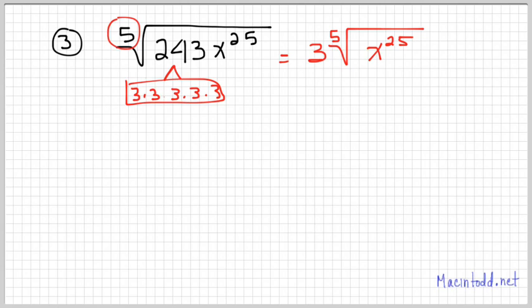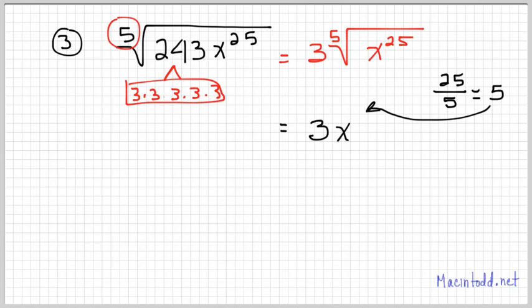And the rule for dealing with variables is take the exponent, 25, divide it by the index, and that tells you the exponent on the variable when you bring it outside. So the variable x comes out, and the exponent is a 5. Now 5 went into 25 evenly, so I have no remainder, which means there's no x's left inside the radical.